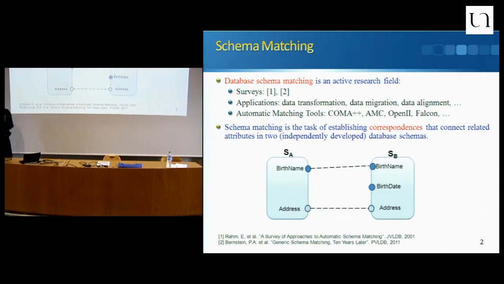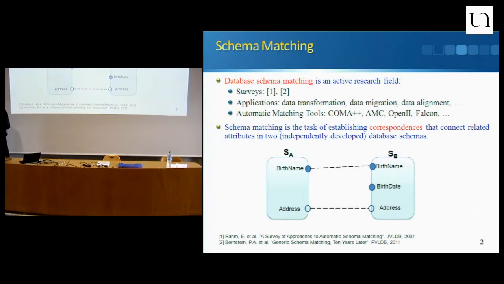From the 90s, when people realized that this is an important task, people developed a lot of automatic tools. If you look at the papers in the literature, a lot of work goes in the direction of taking some data set which includes some schemas, and trying to improve the quality.